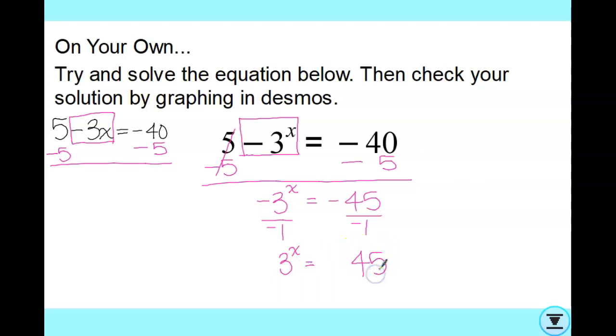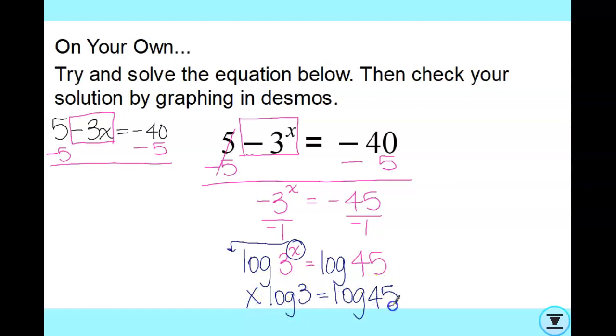And I'm leaving a little bit of space in there because, again, we need to make sure that we have space for that log. So we're taking the log of 3 to the power of x and we're taking the log of 45. And again, this exponent is going to need to come out and become the coefficient. So we're going to have x log of 3 is equal to log of 45.